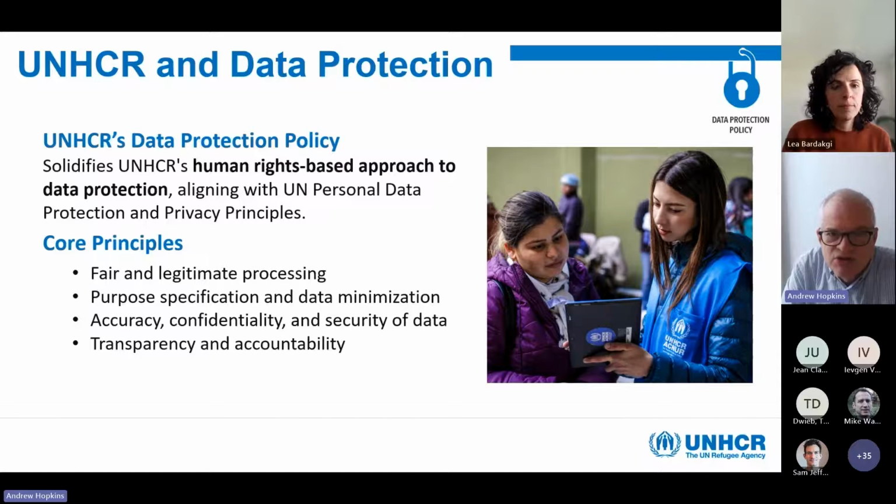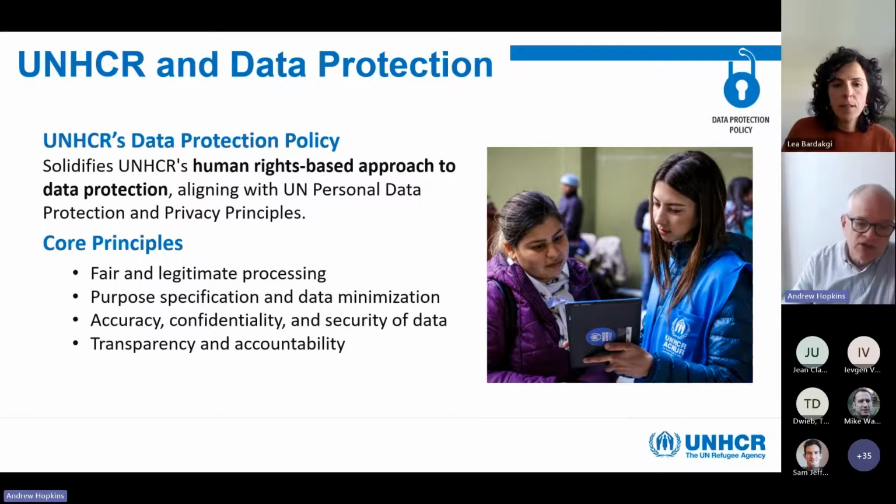Our core principles are really based on the global principles on data sharing. That is that we want to minimize the data that is collected, make sure that it's done with purpose and specificity, that it's fair, accurate, confidential, and that it's done in a way that refugees actually are aware of why we're collecting the data and why it needs to be shared.